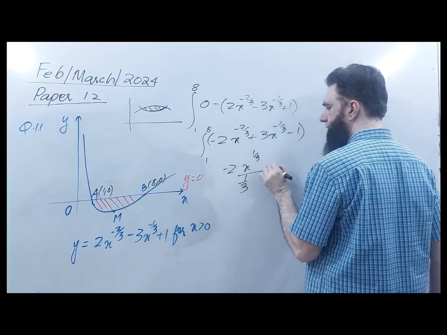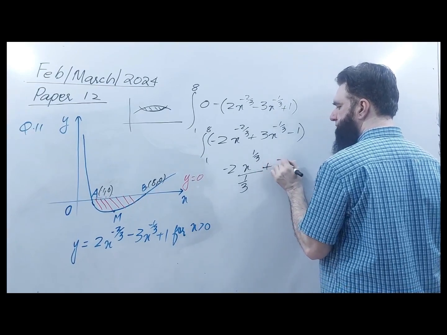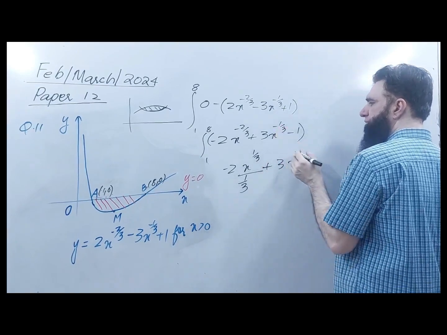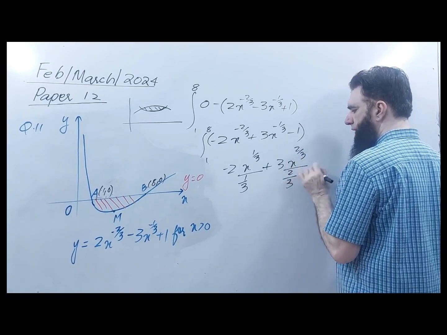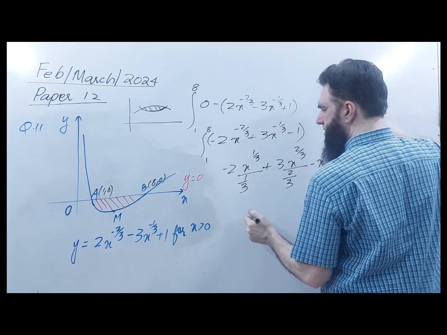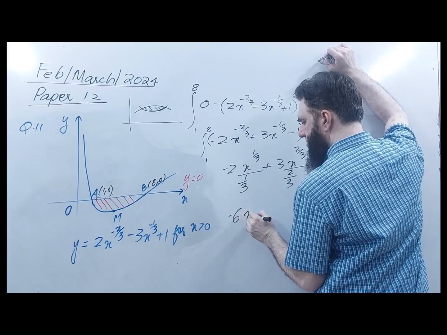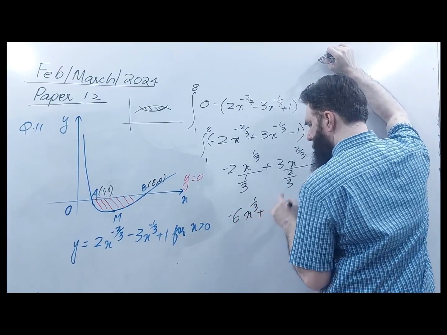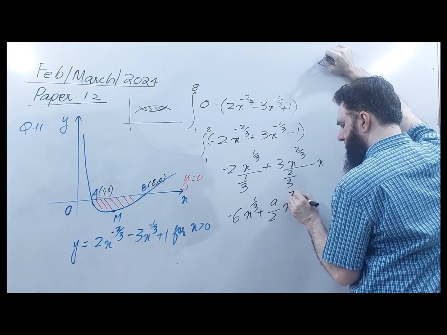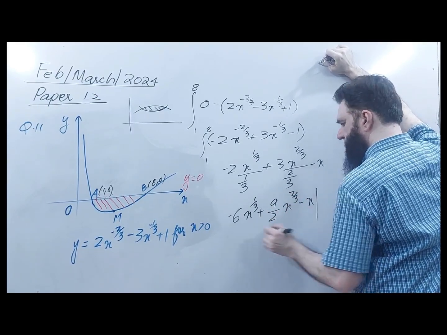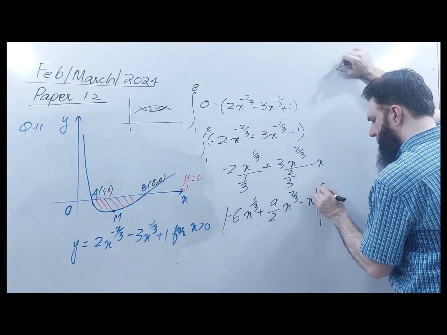You divide by the same, plus 3x power, if you add 1 in it, it becomes 2 by 3. You divide by the same, and minus x. So this becomes minus 6x power 1 by 3, this becomes 9 upon 2 x power 2 by 3, this is minus x. Now you can apply the limits from 1 to 8.